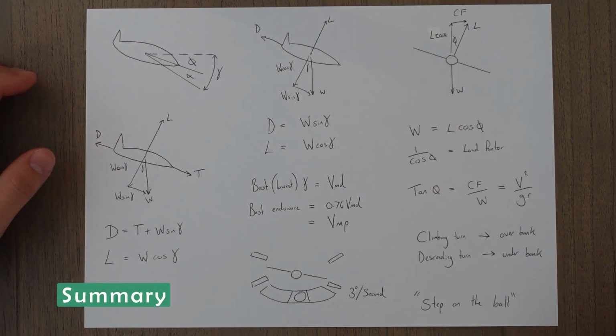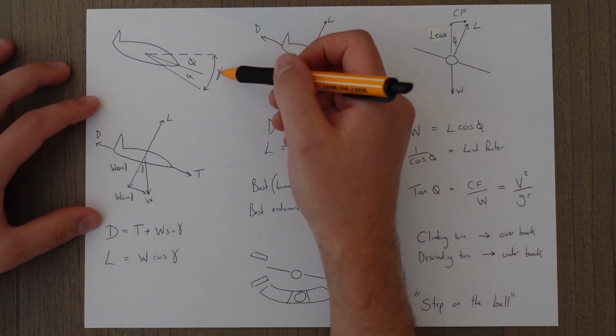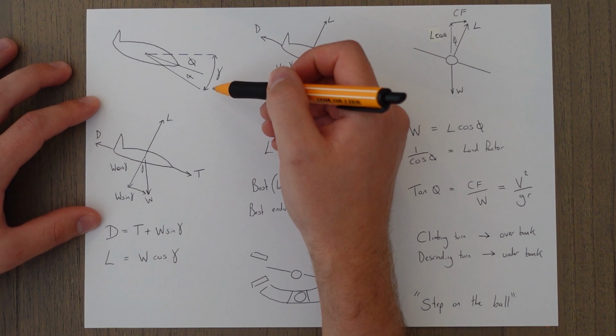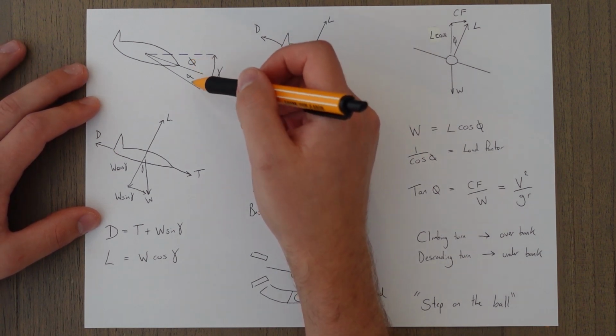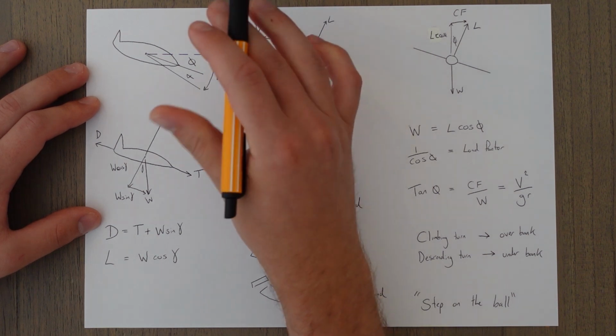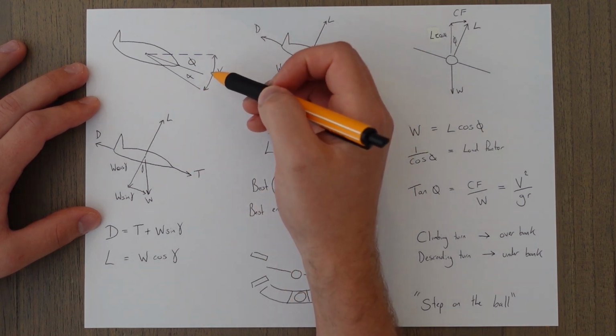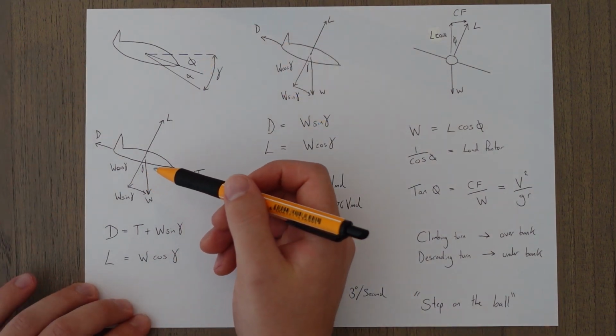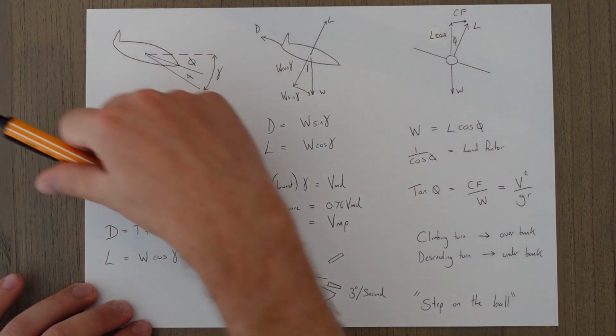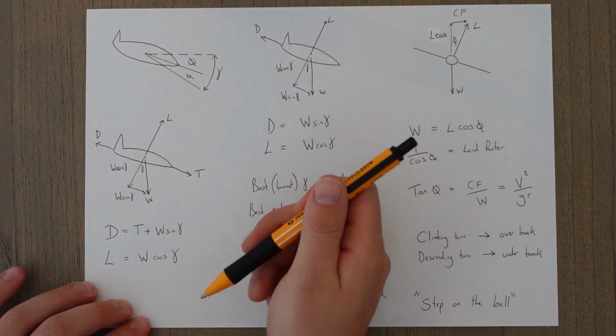So to summarize the flight physics for turning and descending then, our flight path angle is slightly different in the descent than it is in the climb. It is actually equal to our pitch plus our angle of attack, whereas in the climb, the flight path angle plus the angle of attack equals our pitch. When descending, different proportions of the weight either act with the thrust or oppose the lift.